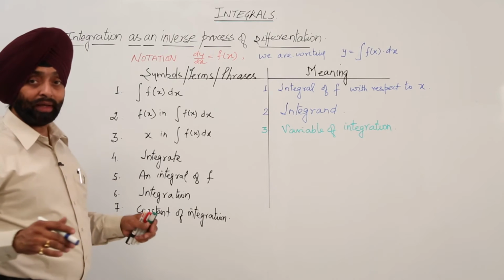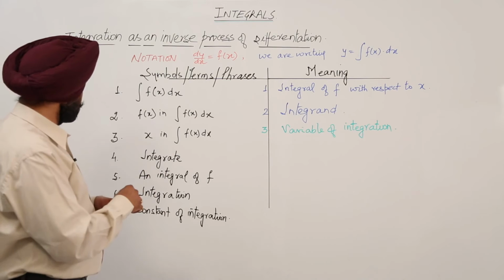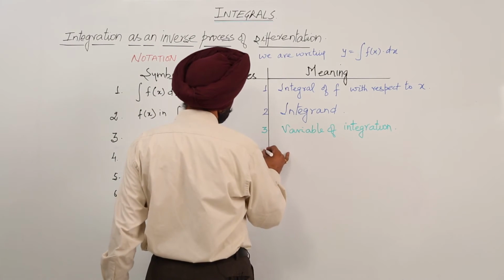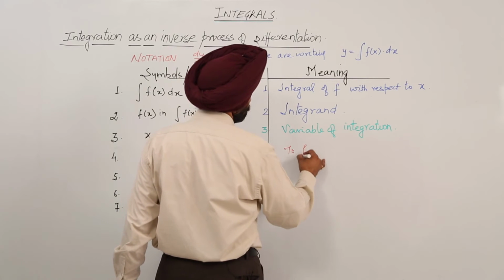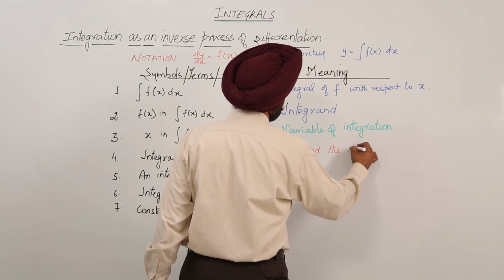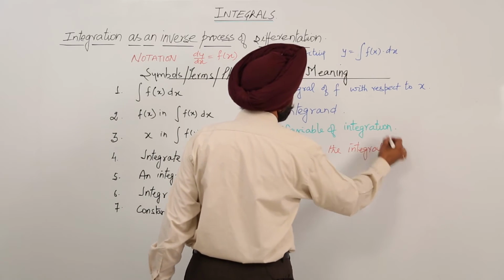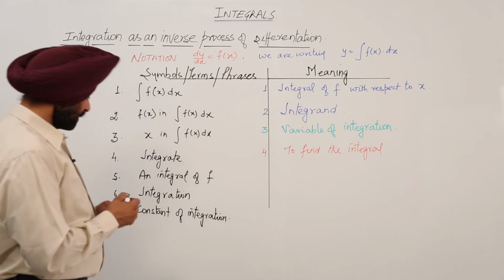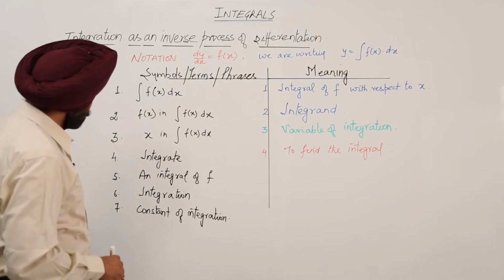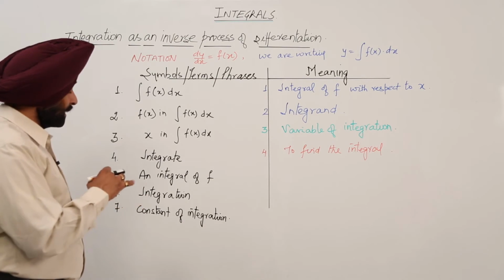Now what do you mean by integrate? Sometimes it is written as integrate. What does that mean? Integrate means to find the integral. Now number 5, we have an integral of f. Suppose it is written; what is the meaning of an integral of f?